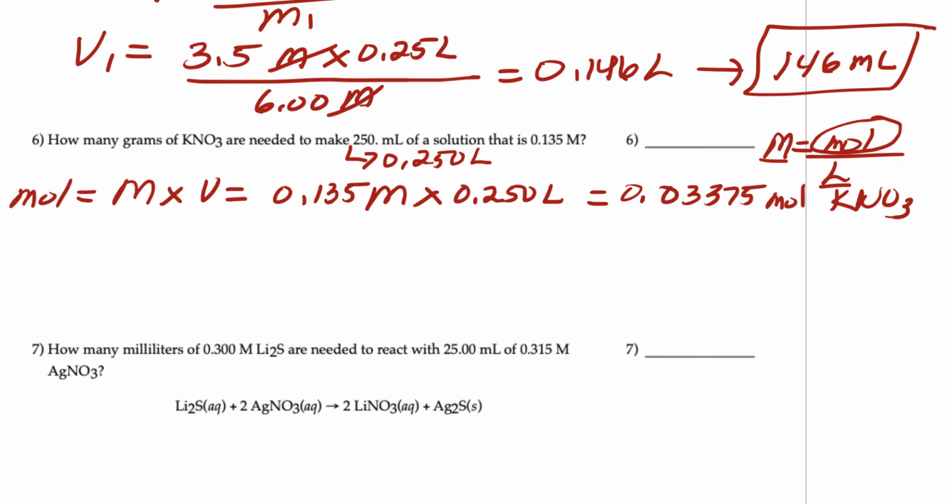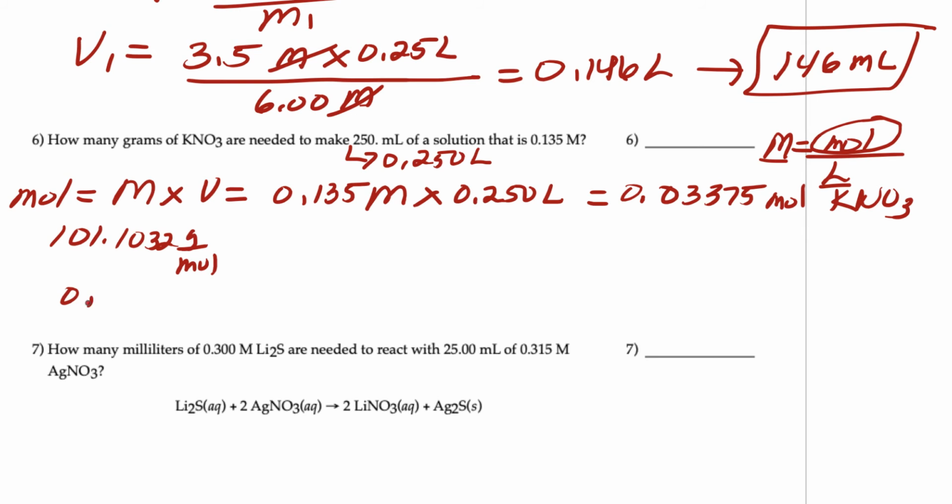We use the molar mass of the potassium nitrate. So again, we can calculate that, and the molar mass is 101.1032 grams per mole.